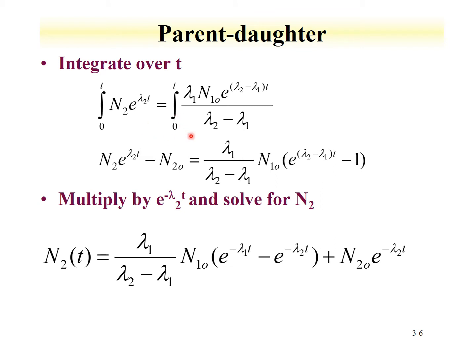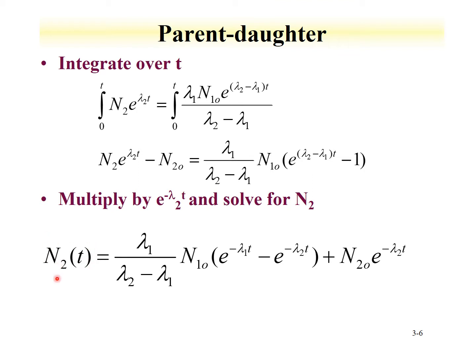From 0 to t, the equation becomes N2 e to the lambda 2 t minus N2 initial is equal to a ratio of the decay constant for 1 divided by the difference between the decay constant for 2 minus 1, times this term, N1 naught e to the lambda 2 minus lambda 1 times t minus 1. Multiply by e to the minus lambda 2 t and solve for N2. Remember, we're talking about the daughter, so we're looking for N2.